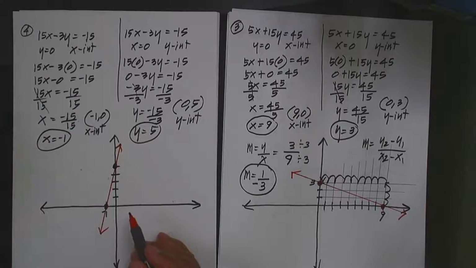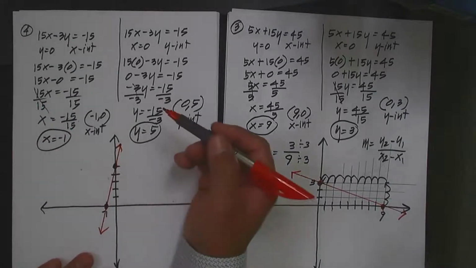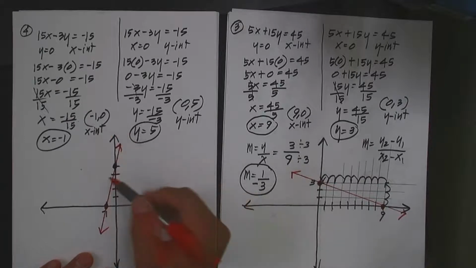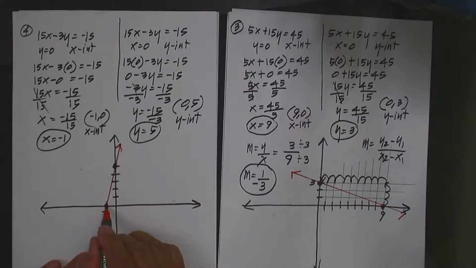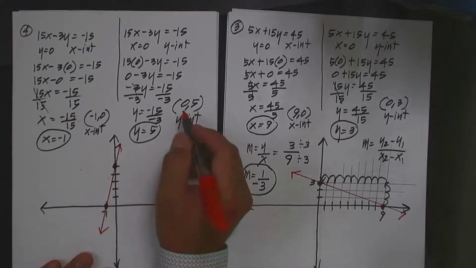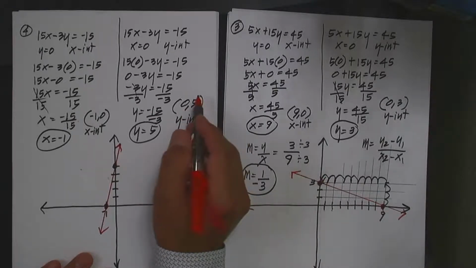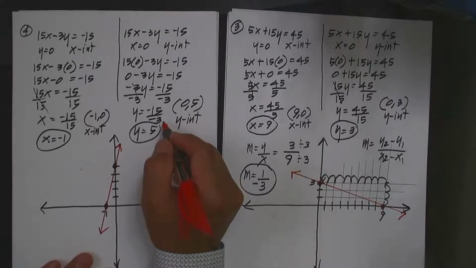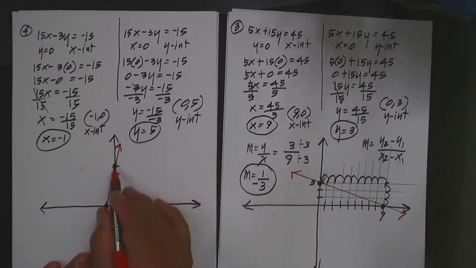So you have here negative 1 and 0, that is the first coordinate. Then the second one, when you divide this, you get negative 15 divided by negative 3 is positive 5. So therefore, this is your point.